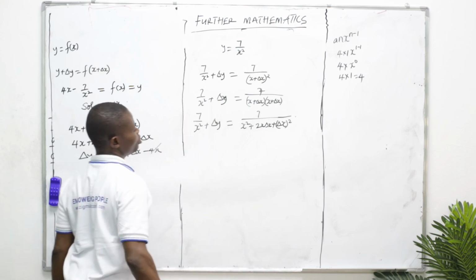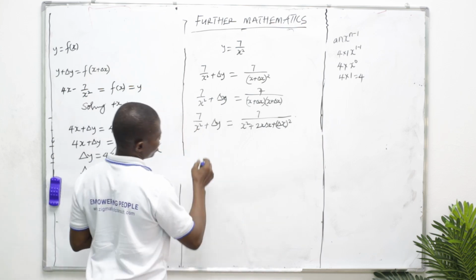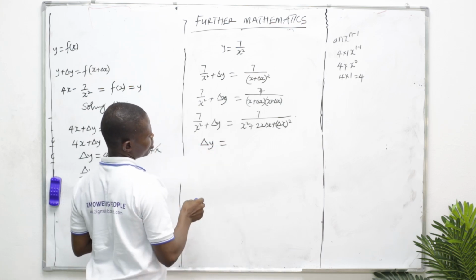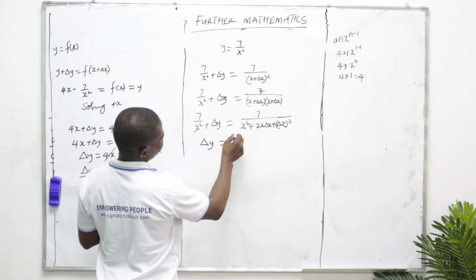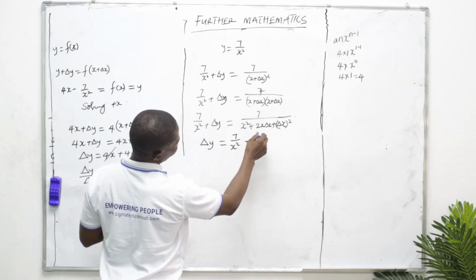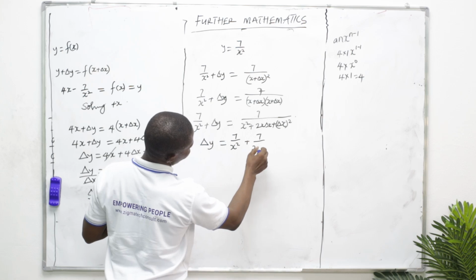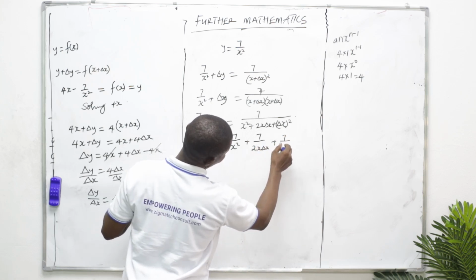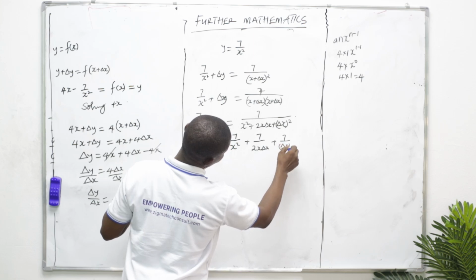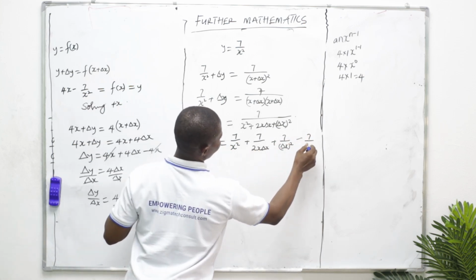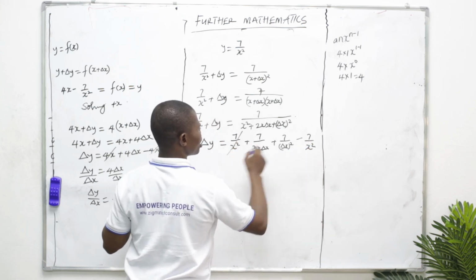This is going to be that change in y equals 7 all over s squared plus 7 all over 2s change in s plus 7 all over (change in s) all squared, minus 7 all over s squared. So that this will take care of this.